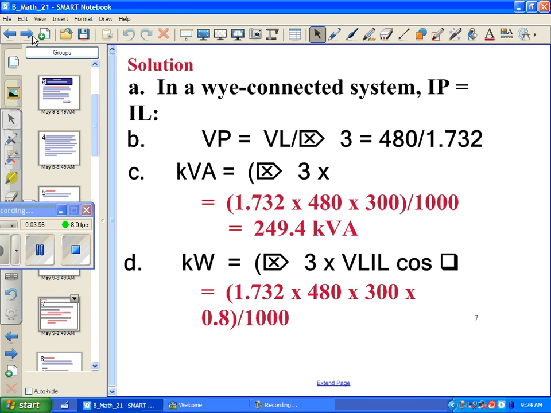We just do the algebra to find it there. We'll find that 480 divided by square root of 3 is 277, right? Is that correct? Okay. Yeah, 277.